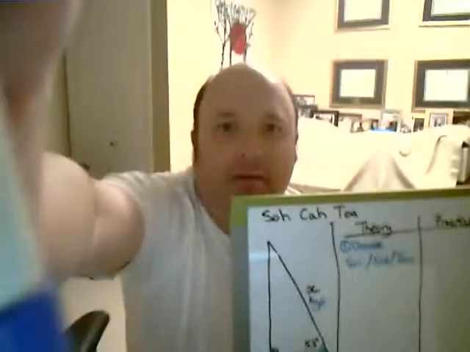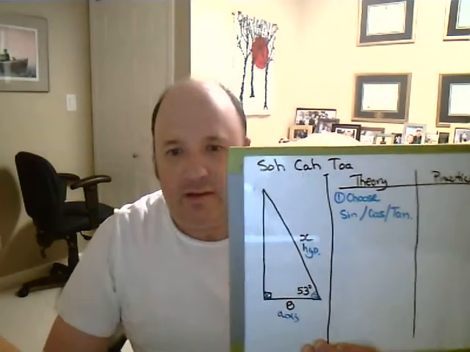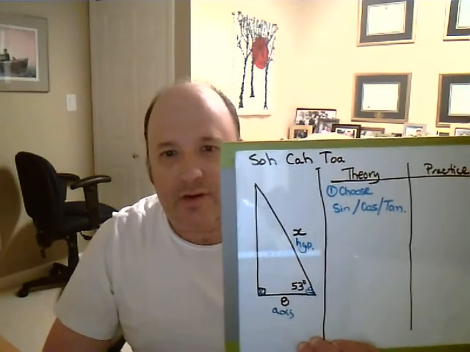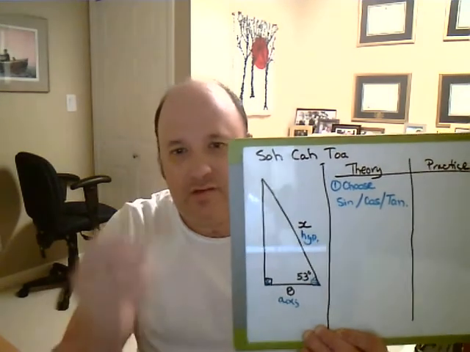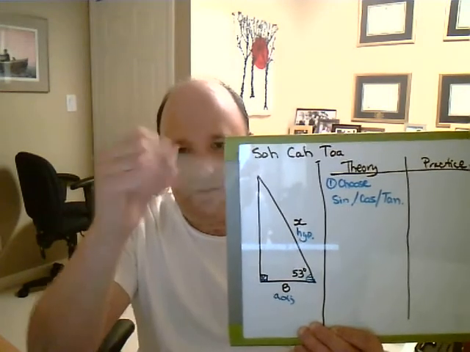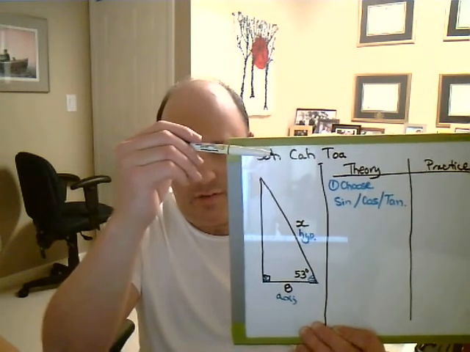And so that requires us to go to the SOHCAHTOA up here, and remember, sine, S, is opposite and hypotenuse.